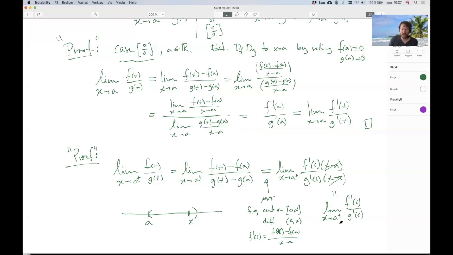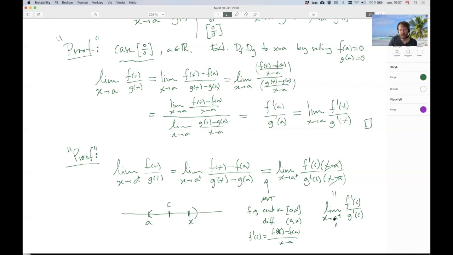And let's see what happens. So when x tends to a from the right, who's my c? For each fixed a and x, my c is somewhere in between here, right? And then as I move my x to the left towards a, the c's are getting squished towards a.